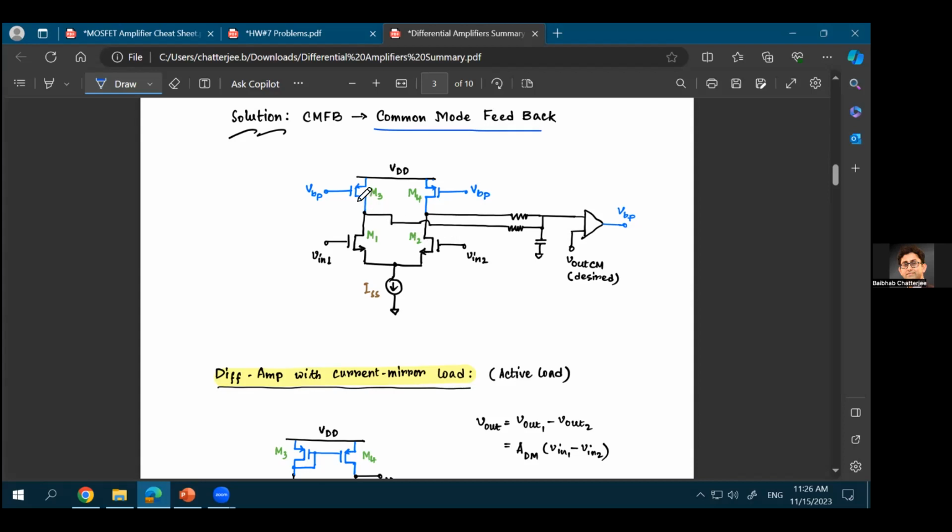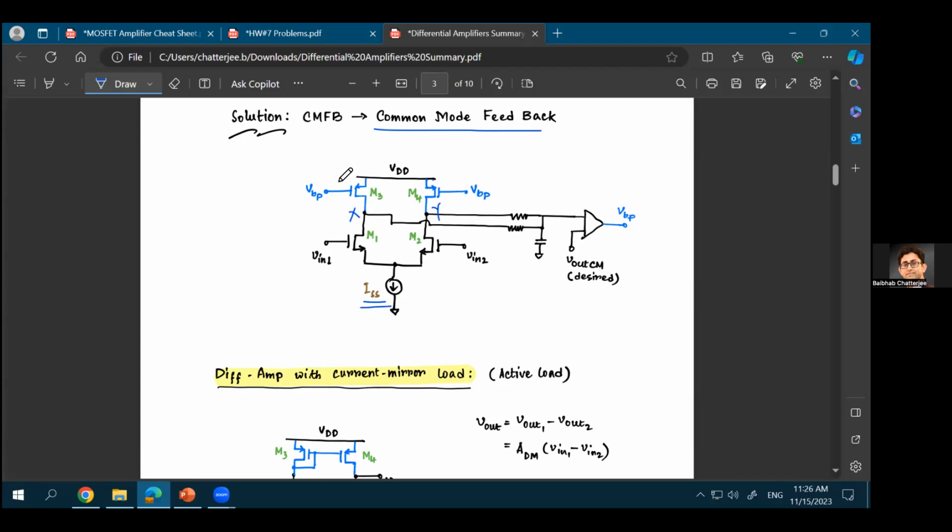And the DC bias points, let's just for a second assume that you are not biasing these top transistors. Your DC bias points at, let's say, point X and point Y are determined solely by this ISS current.